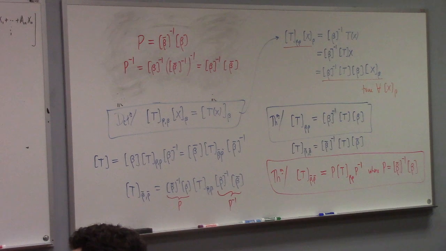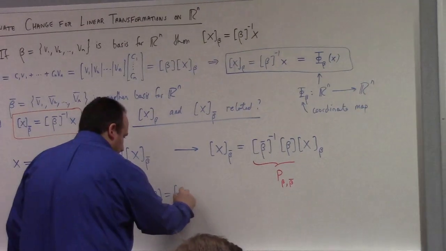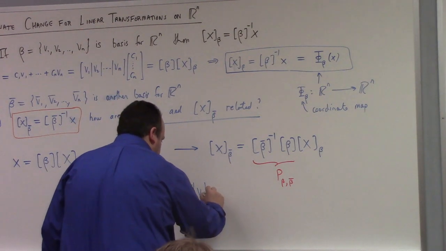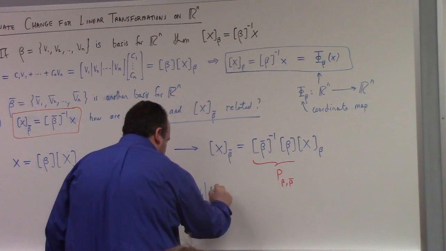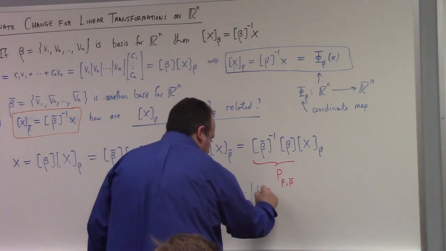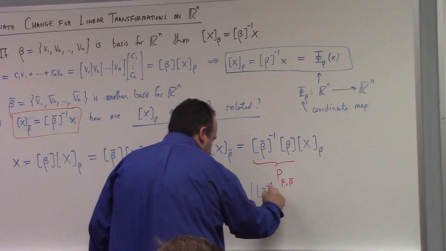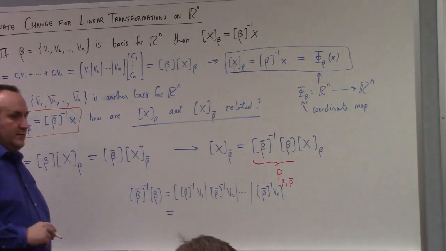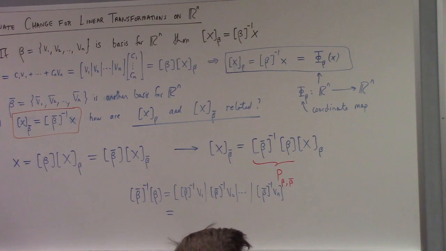Let's work that out. You've got beta bar inverse times V1, beta bar inverse times V2, beta bar inverse times Vn. What is it if you multiply the inverse basis matrix times a vector? That gives you the coordinate vector of that vector with respect to the basis.